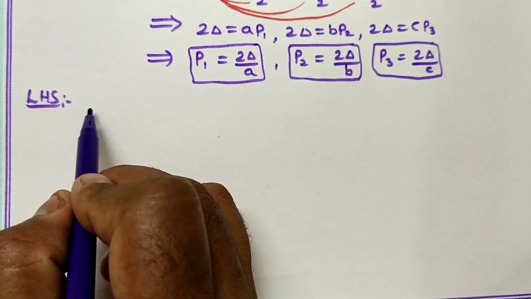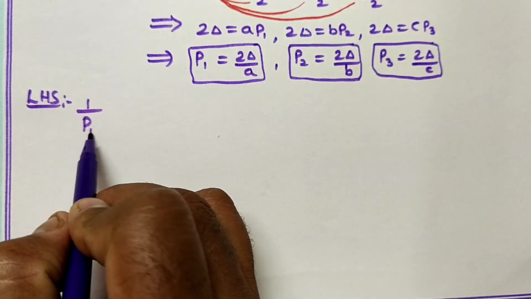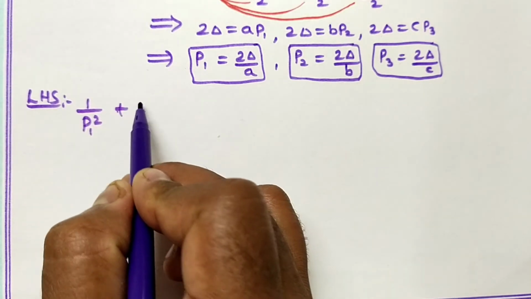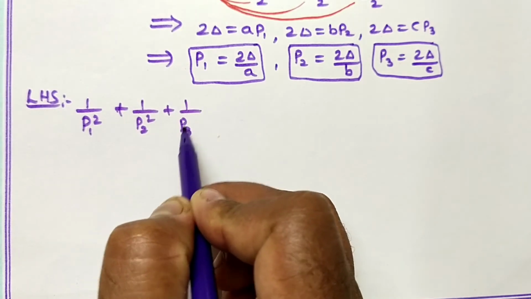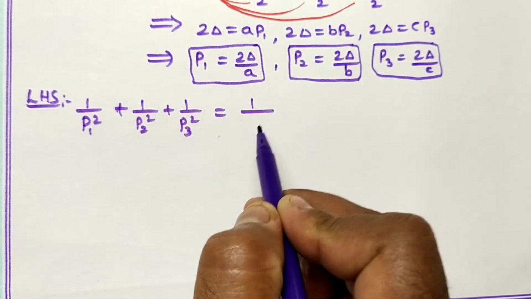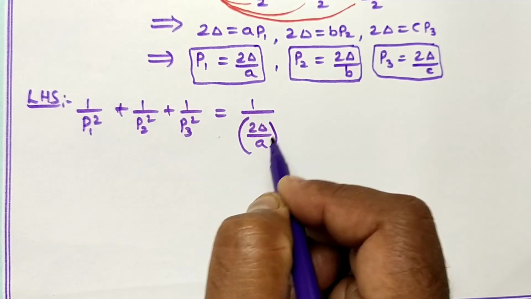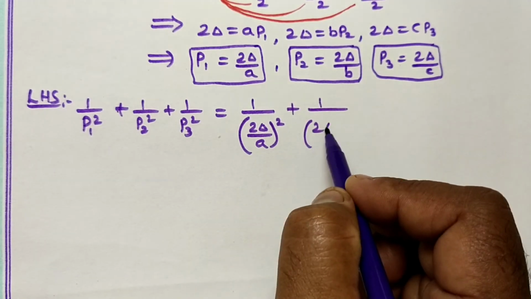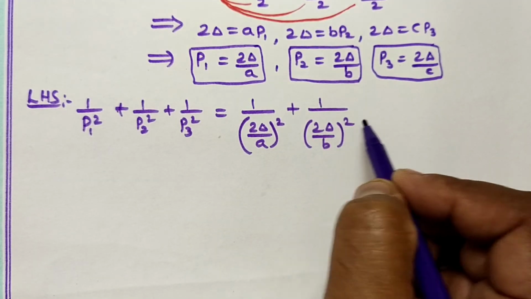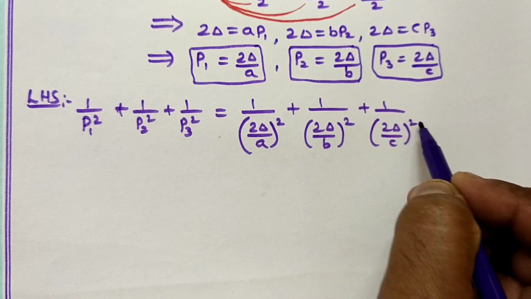1 by P1 square plus 1 by P2 square plus 1 by P3 square, which is equal to 1 by (2 delta by A) whole square plus 1 by (2 delta by B) whole square plus 1 by (2 delta by C) whole square.